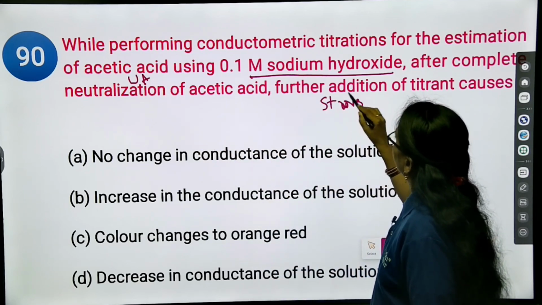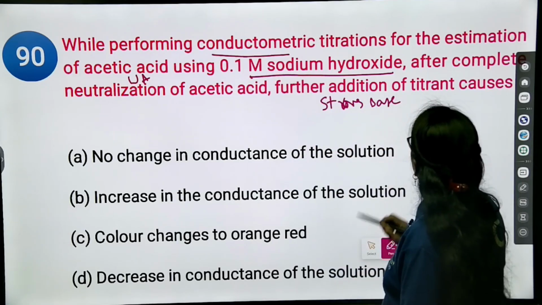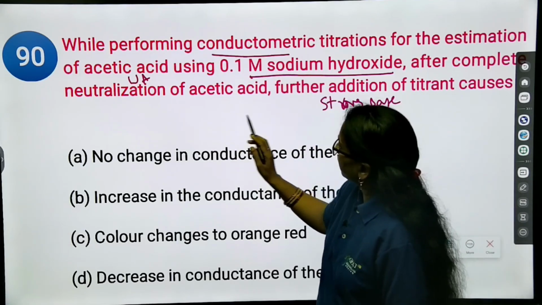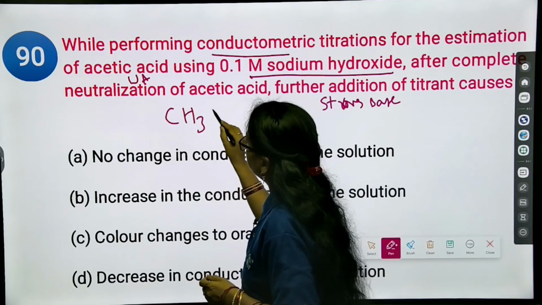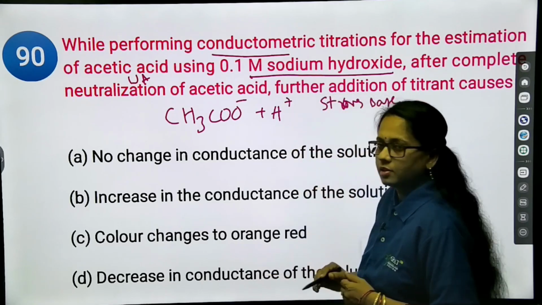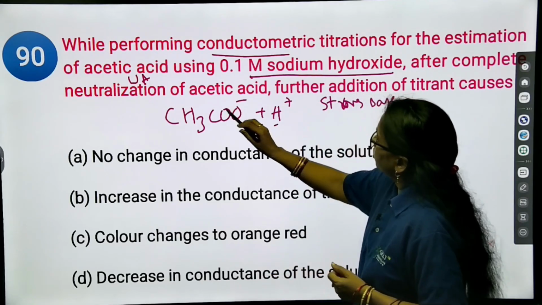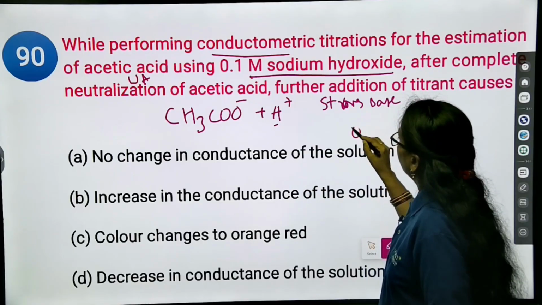By conductometry, we are going to observe the CH3COO minus plus H plus ions.